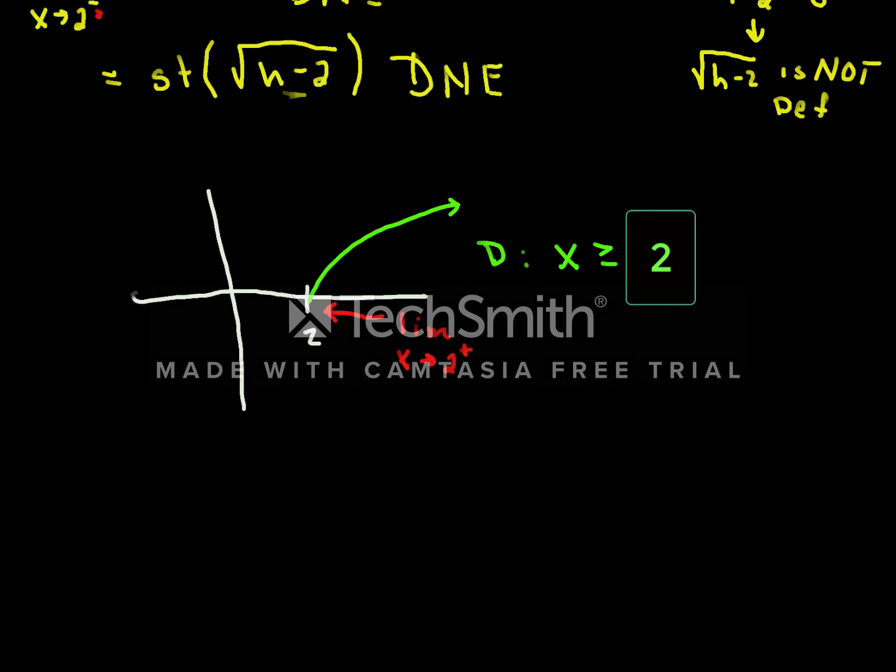However, coming from the other direction, when we tried to go to 2 from the left, looking at the limit as x approaches 2 from the left, there's no function here. It's not defined. So we can't even ask what the function is doing because it doesn't exist over here. So the left-hand limit doesn't exist because we can't even put it into the function to try, whereas the right-hand limit, approaching 2 from the right, does exist.